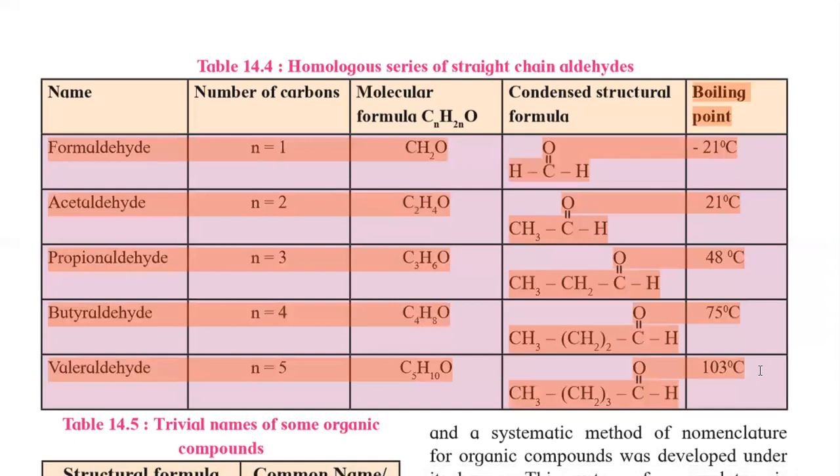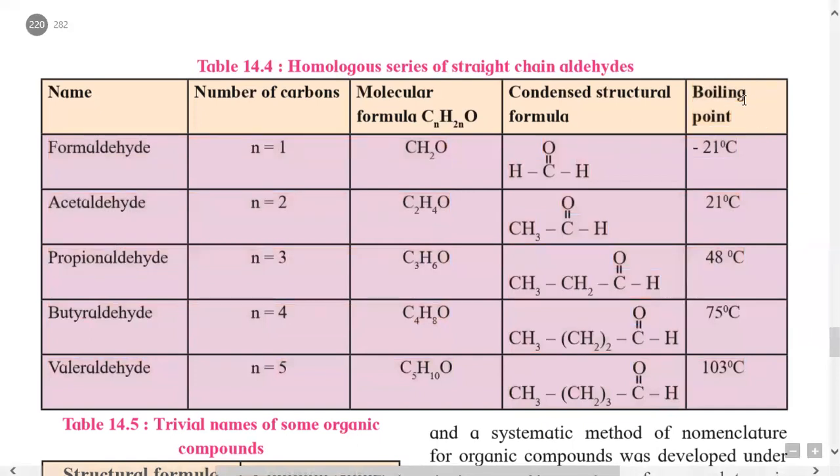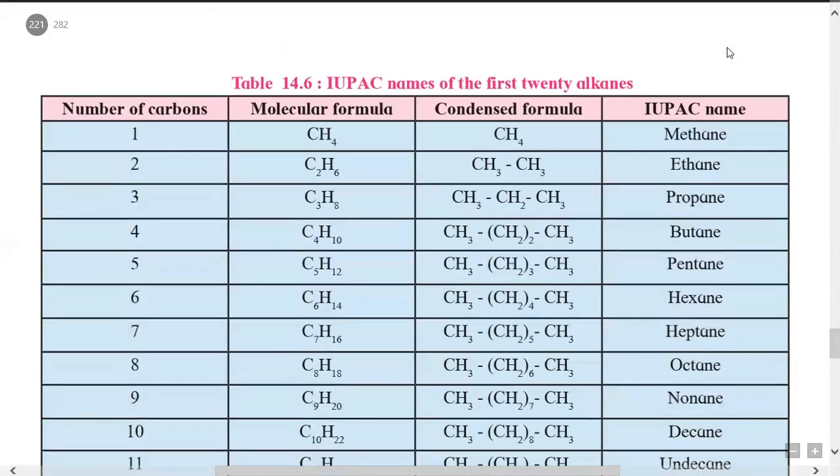If we observe these values carefully, it is very clear that the boiling points go on increasing. So there is a gradual increase in the boiling point as the number of carbon atoms increases. That is one example of a homologous series, of aldehydes.